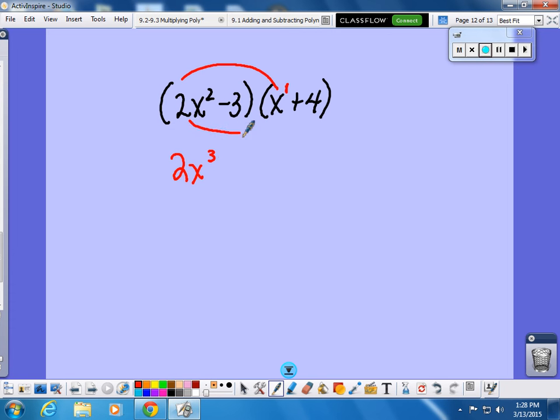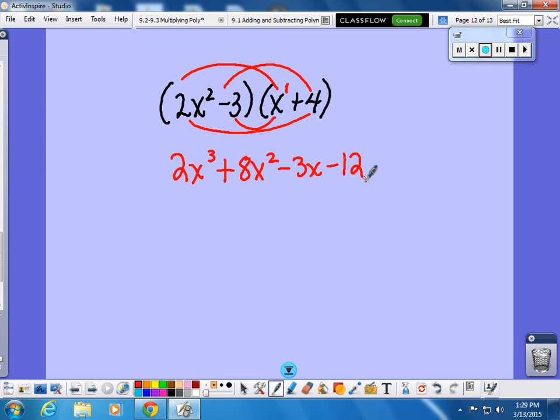Okay, outer would give 8x squared. Inner, negative 3x. Last, negative 12. Alright, do you guys see any of those that we can combine for like terms?